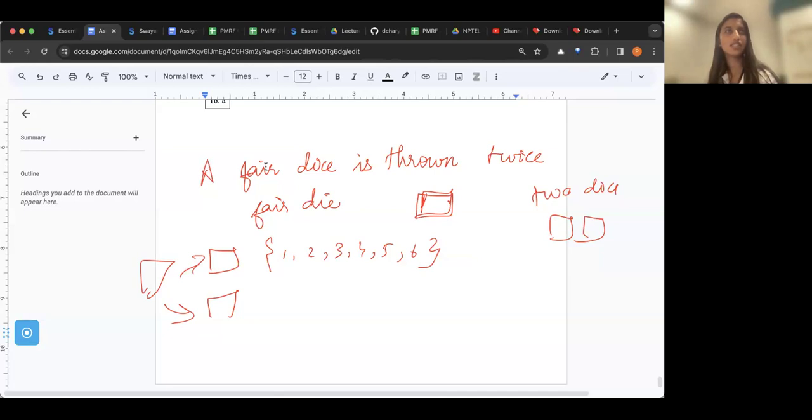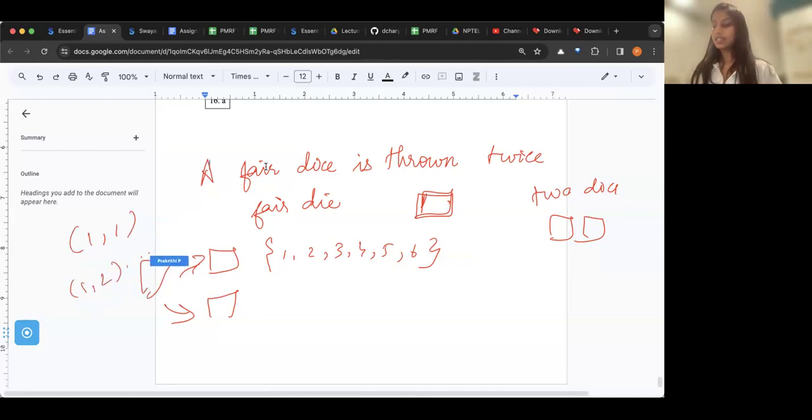Is that the question? Like, is that all? So I think the answer would be, even in this case, a dice is thrown twice. So you have two observations. Your end outcome is two observations, right? It doesn't matter. If you throw two dice simultaneously, you'll have two observations, which was denoted by 1, 1, 1, 2, and so on, right?